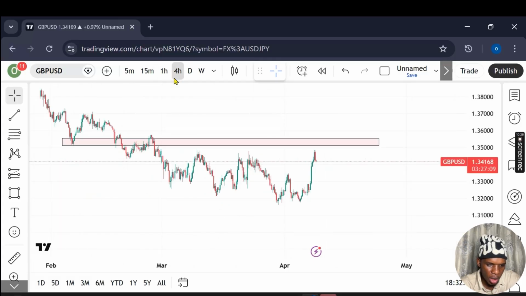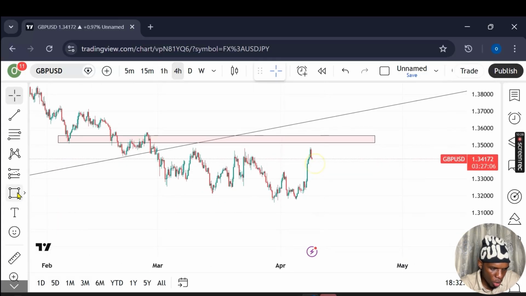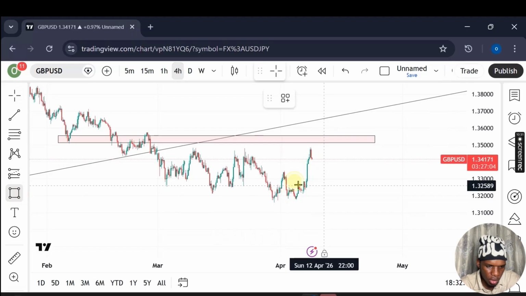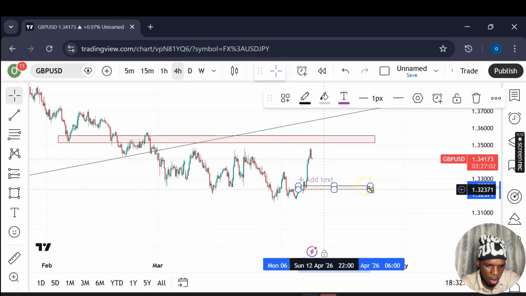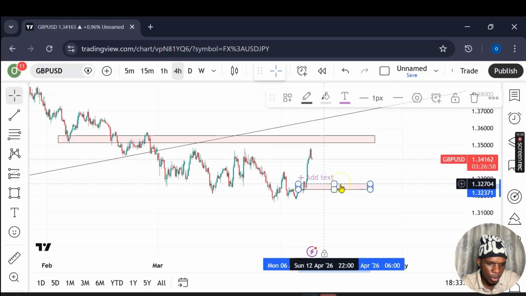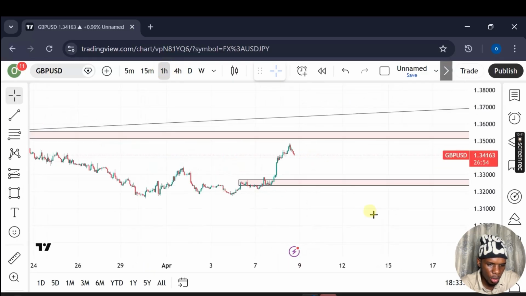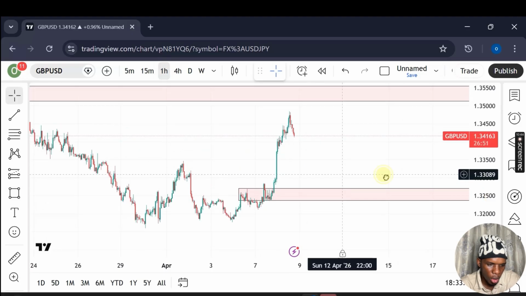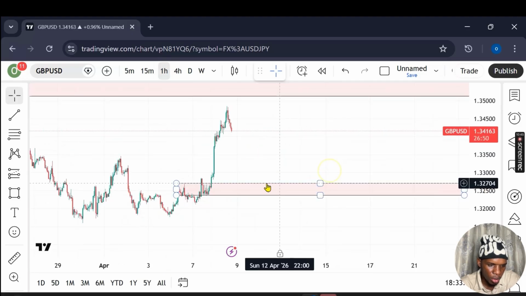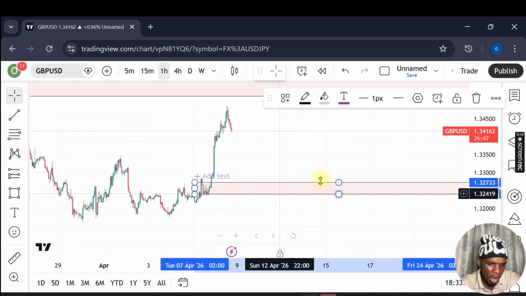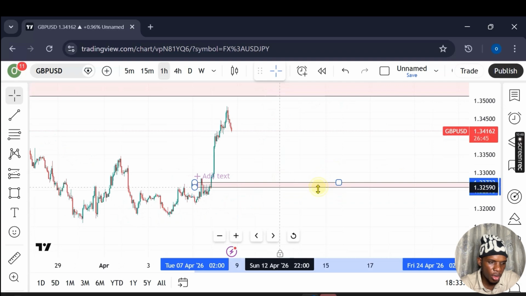But in the meantime, the market is going to sell to this down area. So you're going to go to your lower time frame and wait for the retracement. Go to your 1 hour time frame and wait for the retracement. You guys can see it's the same analysis as the Euro USD.